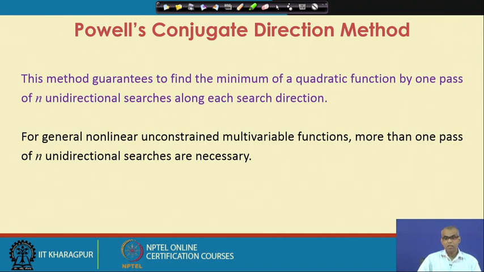So, if you have a quadratic function in n variables, it is guaranteed that you will be able to find the minimum by one pass of n unidirectional searches along each search direction if you are using Powell's conjugate direction method. But for general nonlinear unconstrained multivariable functions, that means not quadratic functions, more than one pass of n unidirectional searches are necessary.